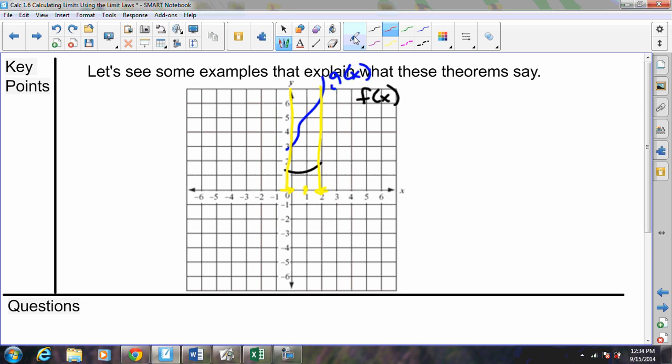Well, if blue is above black everywhere that we can see, doesn't it make sense that this limit here has to be higher than that limit there? That's what this first piece is telling us. If we have a function that's up higher than another one, the limit is going to be greater. That's all.